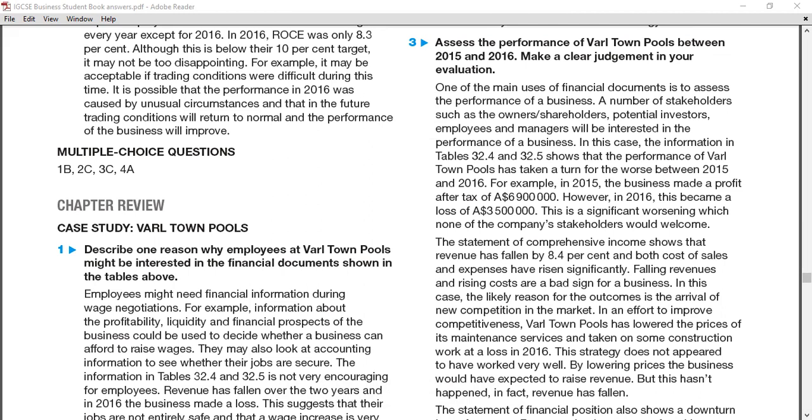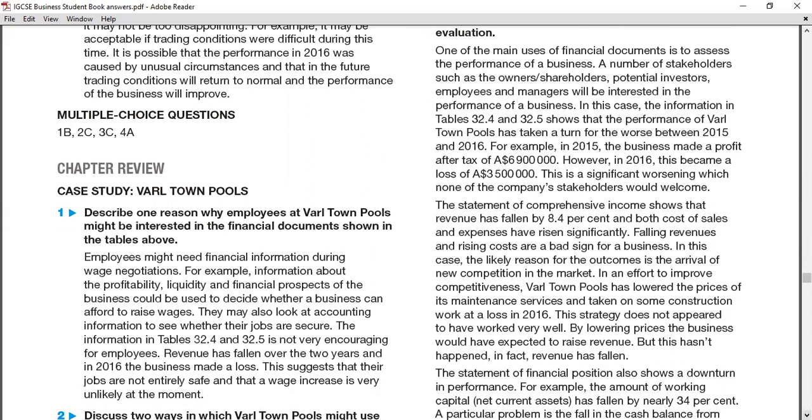For example, in 2015, the business made a profit after tax of 6,900,000 Australian dollars. However, in 2016, this became a loss of 35,000 Australian dollars. This is a significant worsening, which none of the company stakeholders would welcome.